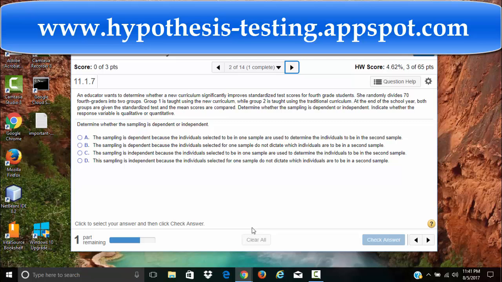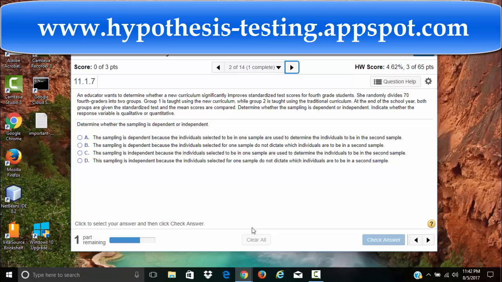At the end of the school year, both groups are given the standardized test, and the mean scores are compared. Determine whether the sampling is dependent or independent. Indicate whether the response variable is qualitative or quantitative.